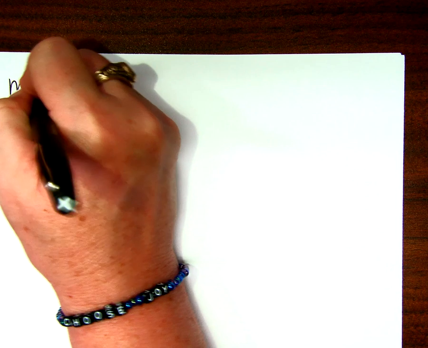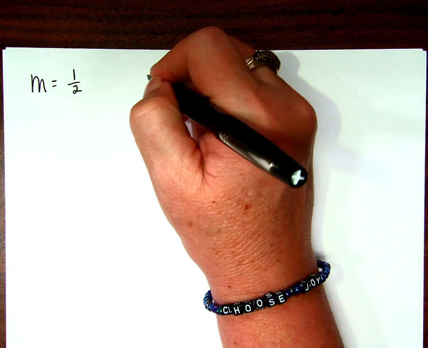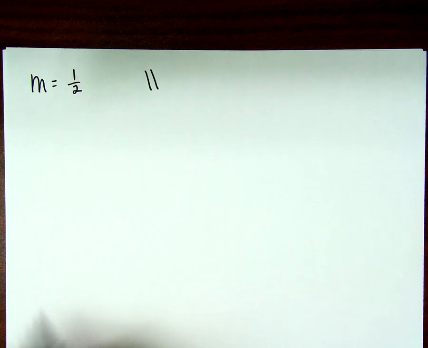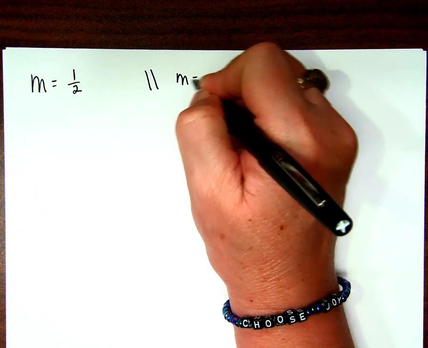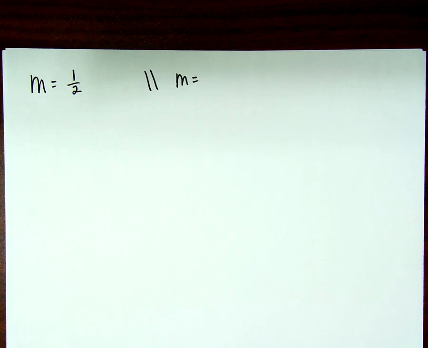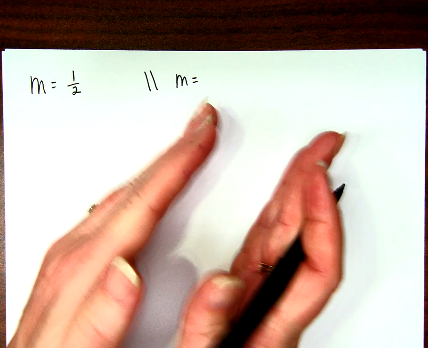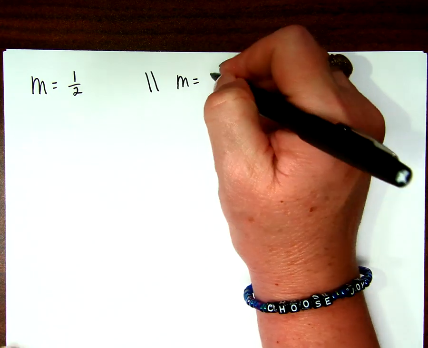So first of all, if I say to you, the slope of a particular line is 1/2, tell me about the parallel line slope. Parallel lines have the same slope. Parallel lines are like this, so their slopes are going to be exactly the same.